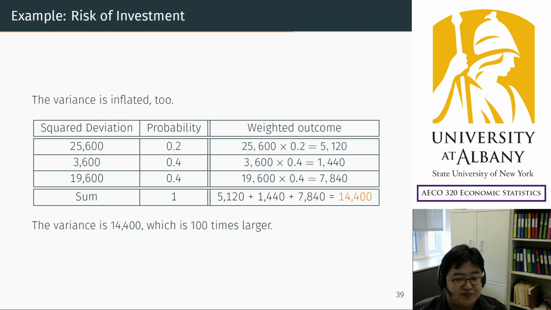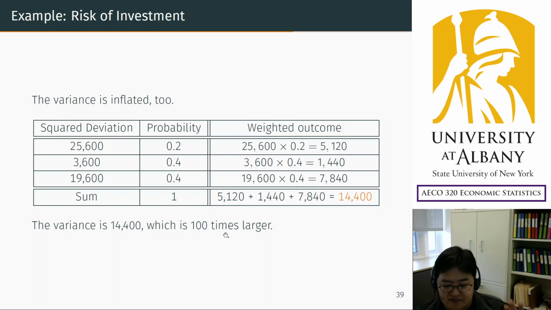So this is another interesting observation. In the beginning, we multiplied all the outcomes by 10, so it looks like everything is multiplied by 10. But in the end, it turns out that the variance is multiplied by 10 squared, because of the step of taking squares. So it is unnatural.